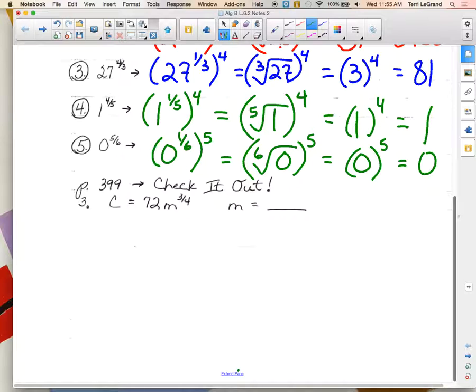Okay, so let's do number 3 below it. Find the number of calories that an 81-kilogram panda needs each day. What does our m equal this time? 81. That's how much the panda weighs, so we substitute in for little m.